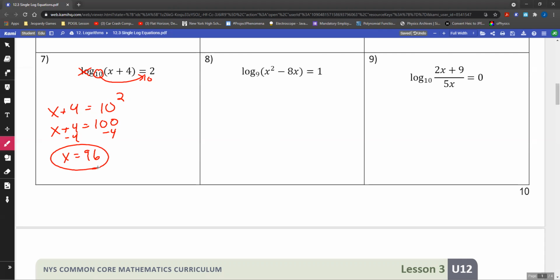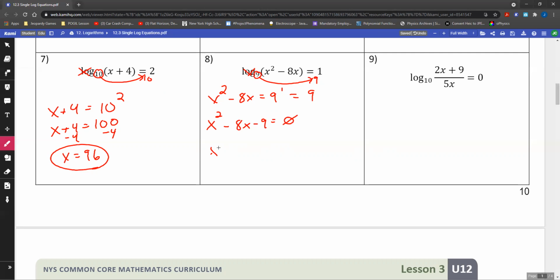All right, over here, take the 9 and move it over. Drop the log. X squared minus 8x equals 9 to the 1 power. This just equals 9. So from here, we have to move the 9 over to the other side.